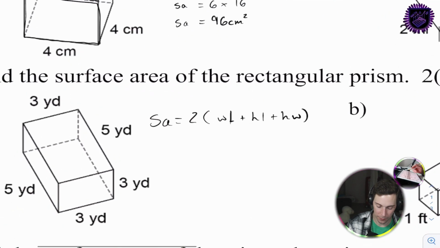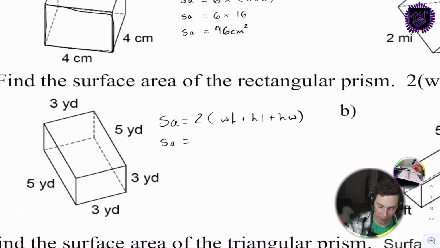So surface area will be equal to 2 times width and length, 3 times 5, plus height times length, 3 times 5, plus height times width, 3 times 3.